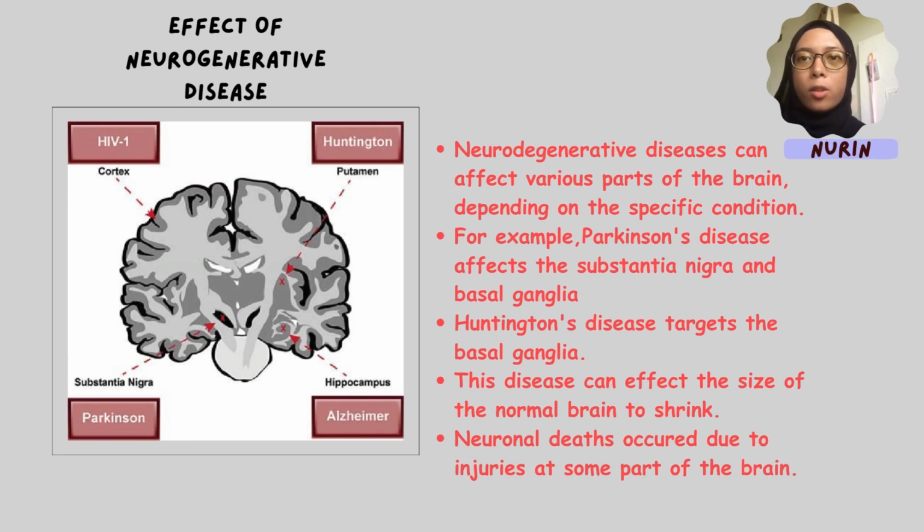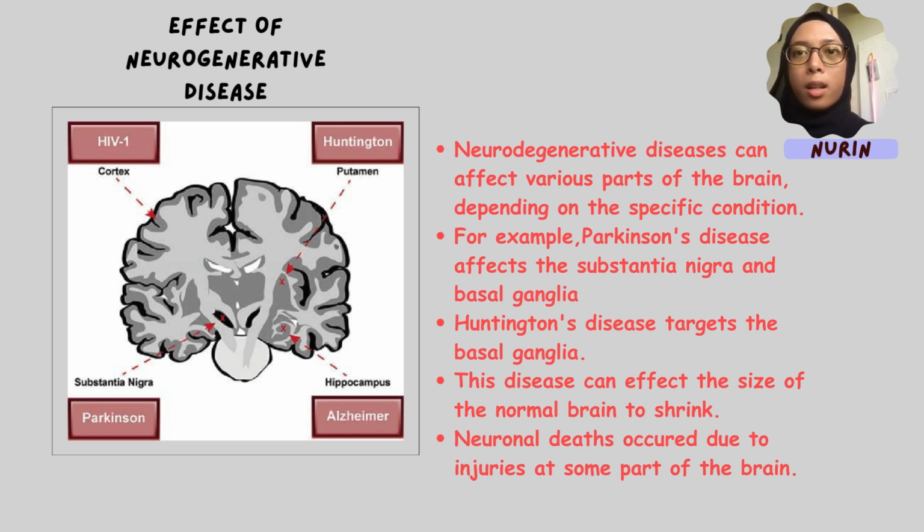Next is the neurodegenerative disease. Neurodegenerative disease can give us a lot of various side effects to our brain, spinal cord, and also peripheral nervous system. This disease can affect some parts of our brain. For instance, Parkinson's disease affects the basal ganglia and also the substantia nigra, which is caused by the level of dopamine.